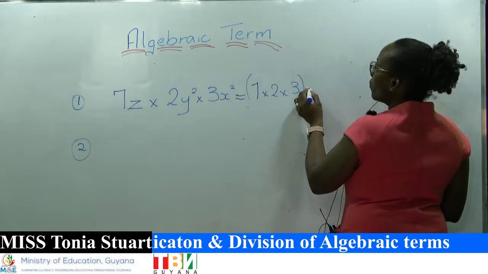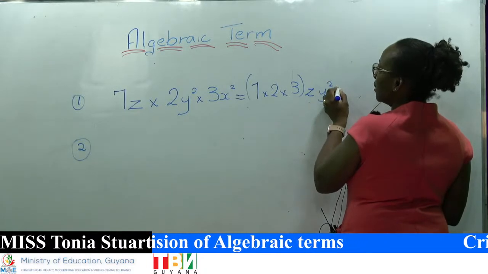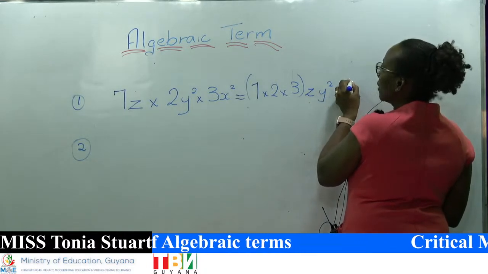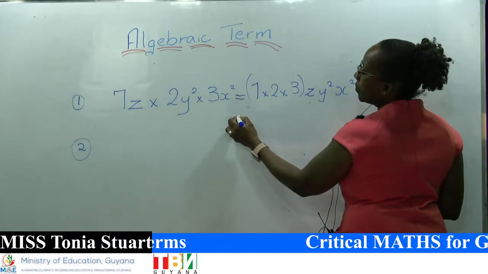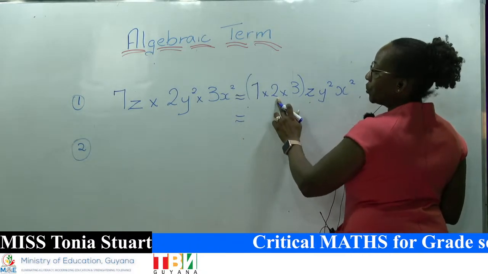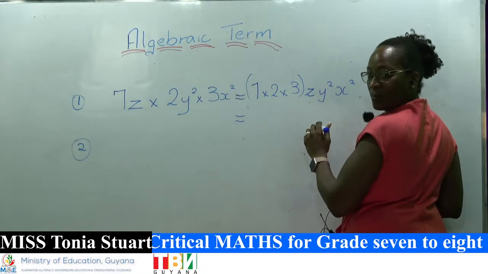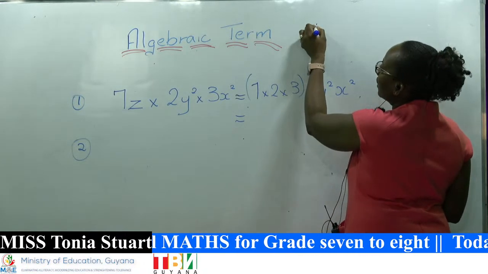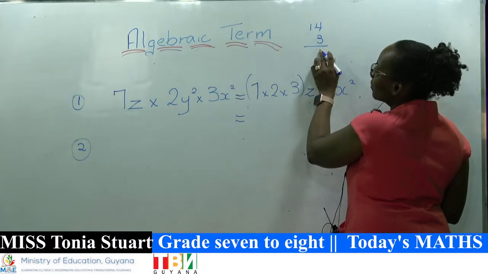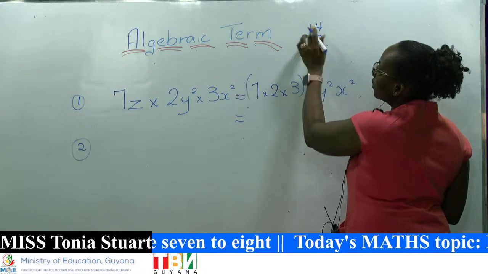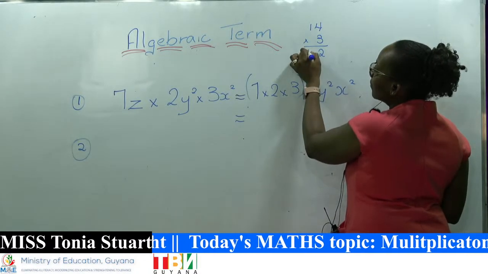So now I will write back the variables because we cannot put them together. Right? So our answer now would become 7 times 2s? 14 by 3. 3 times 4s? 12. 3 plus 1? 4.